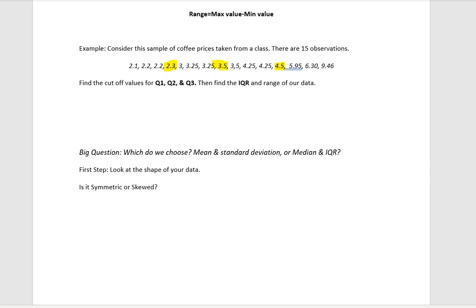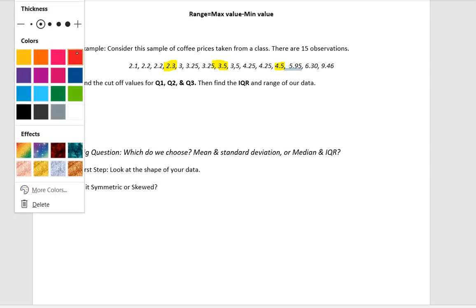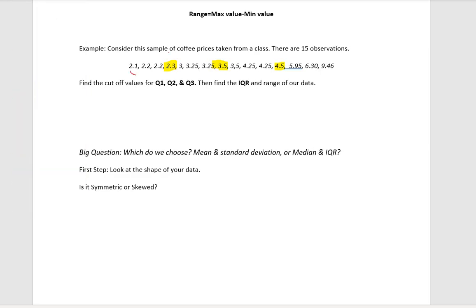So what this does for me is it's going to give me the first fourth of my data, then the second fourth, and the third fourth, which will be Q1, Q2, and Q3. So when we label these, we are going to say our first quartile is going to be 2.3.